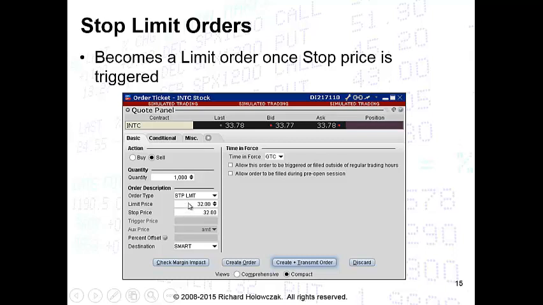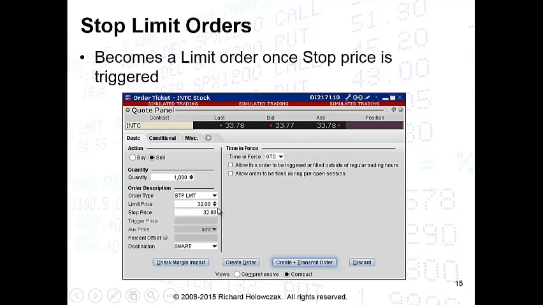And notice here there are two things that we're going to specify. Here's the stop price, that's going to be the trigger price on the bid side of the market. And then we have a limit price, and that's where our order will rest in the book. So again, because this is a stop order, this order will sit in the broker's database and it will observe the bid price in the market.